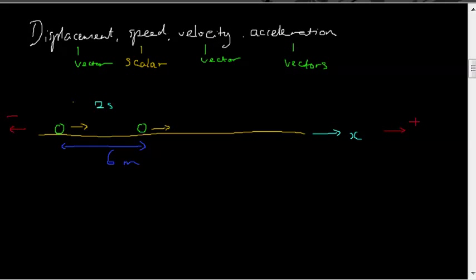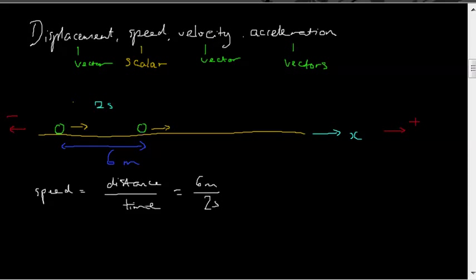Now we know from the definition of speed, let me write this down, that speed is equal to distance over time. So with this formula we can calculate the speed by substituting 6 meters into distance and 2 seconds into time.